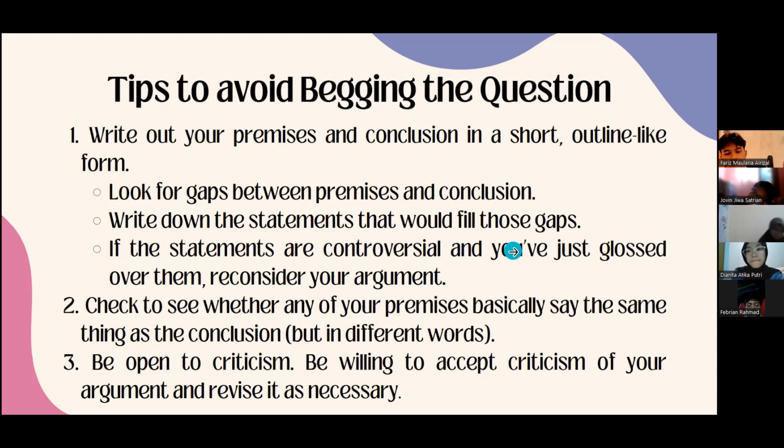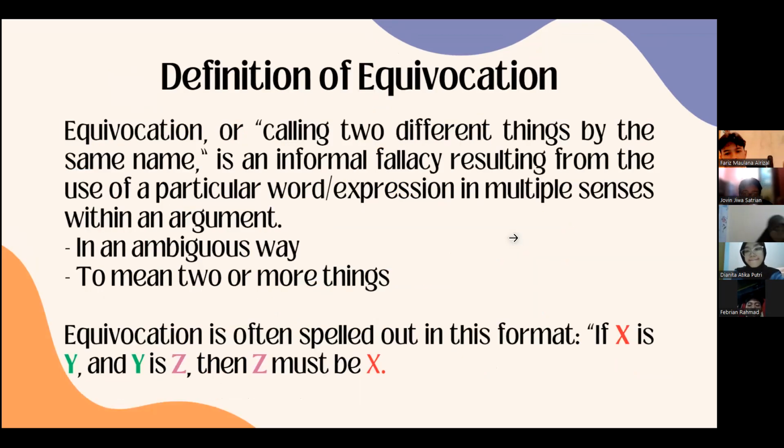And now we have come to the last section of our explanation, which is equivocation. The definition of equivocation, or calling two different things by the same name, is an informal fallacy resulting from the use of a particular word or expression in multiple senses within an argument, whether it is in an ambiguous way or to mean two or more things.